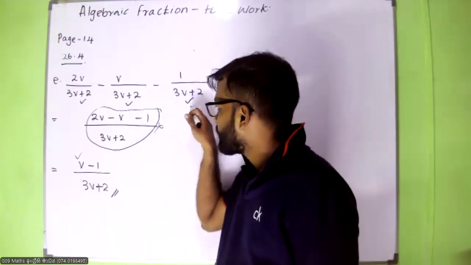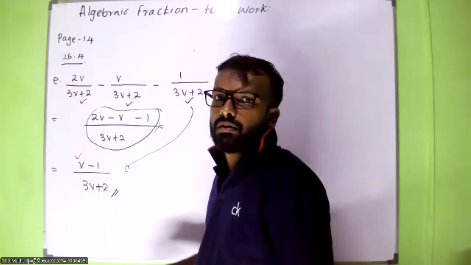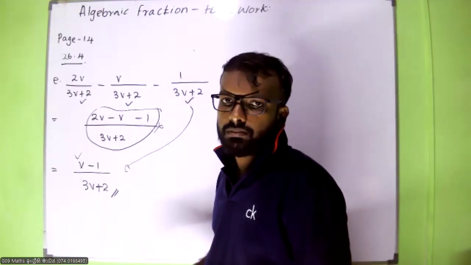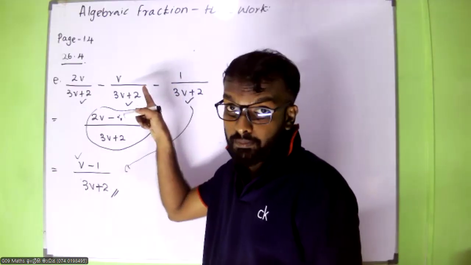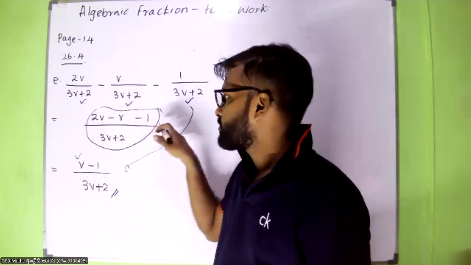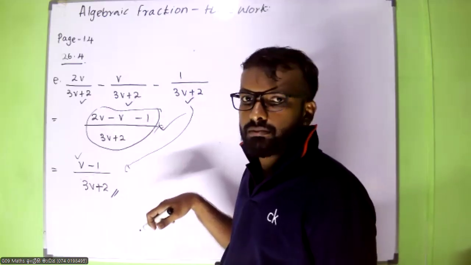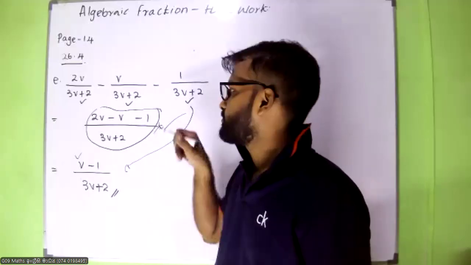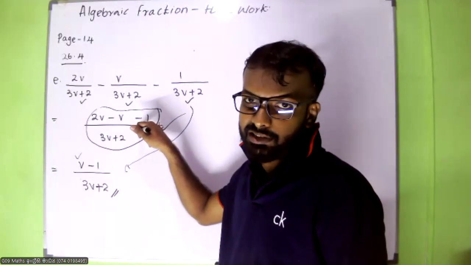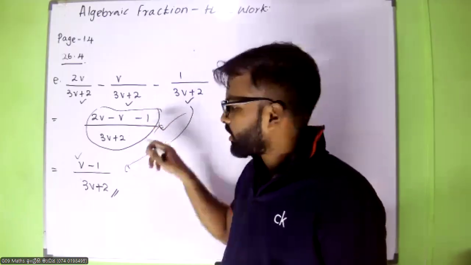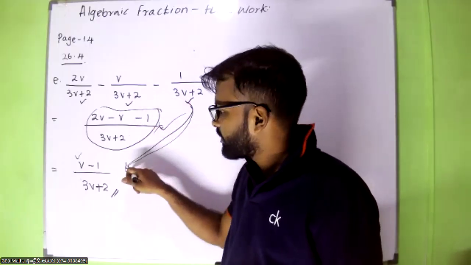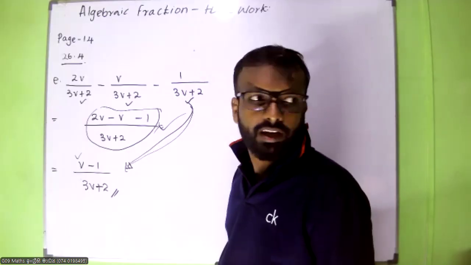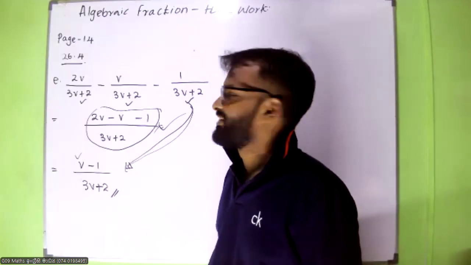You can directly write the answer by looking at this. If you get confused or are not confident enough, you should write this step. If you are confident, you can directly write the answer. Okay?